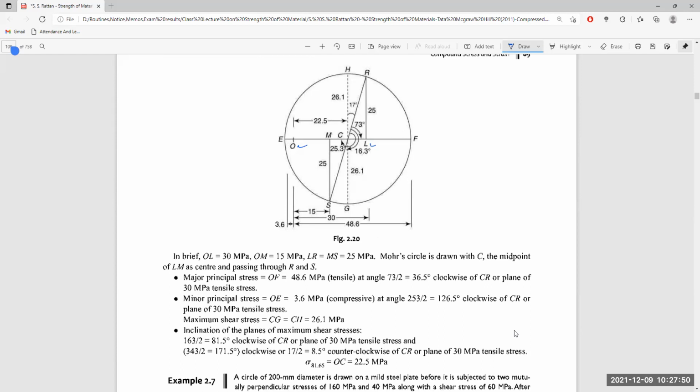From OL and OM, LR and MS are both equal to 25 MPa, that is the shear stress. Then with this value of OF and OM, take the center of it, and we'll get the value somewhere here.